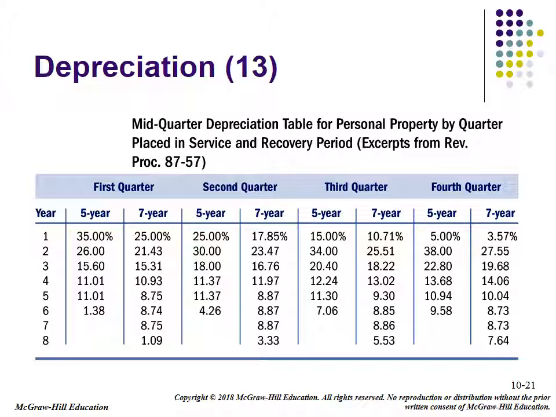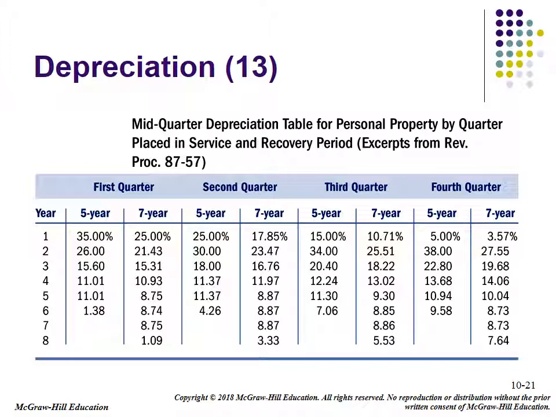Now for my dump truck, I'm going to use the 5-year column. So I'm going to go to my half year convention table. First you have your 3-year column. Then you want to go to your 5-year column. You want to go all the way on the left, the year. It's first year cost recovery. So it's kind of like using a table.